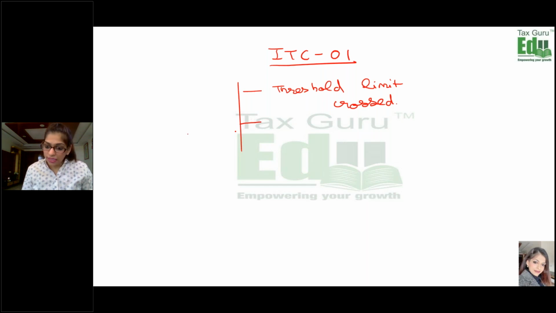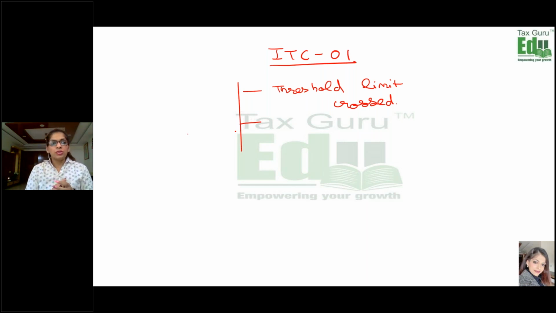The major purpose of the ITC form is that, let's suppose today, as a person, I am not required to get registered under GST. But because of some reason, I have to get registered under GST tomorrow. Today I am having some stock with me. Let's suppose I am dealing in stationery items. I have stock worth rupees 2 lakhs lying with me on which the GST input credit is 50,000.